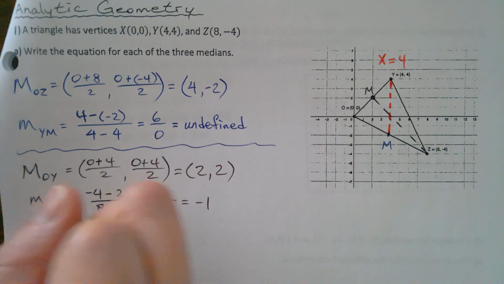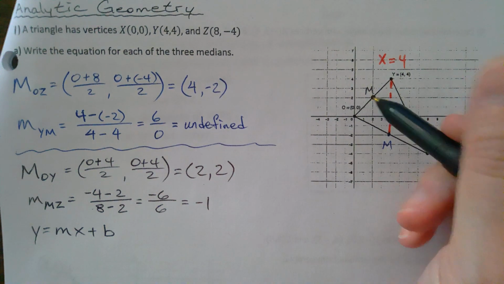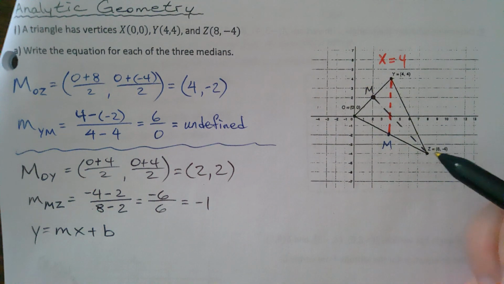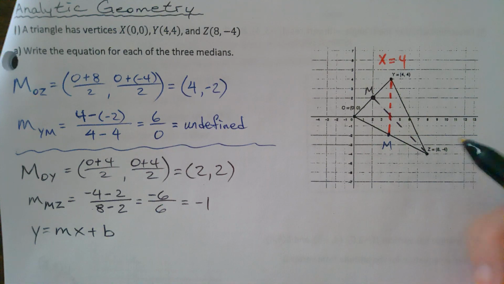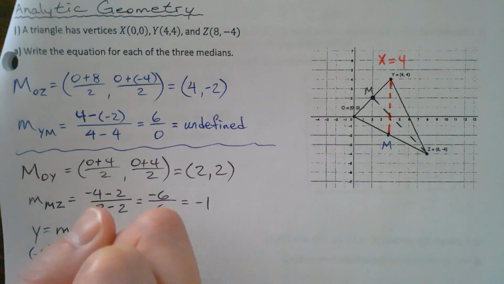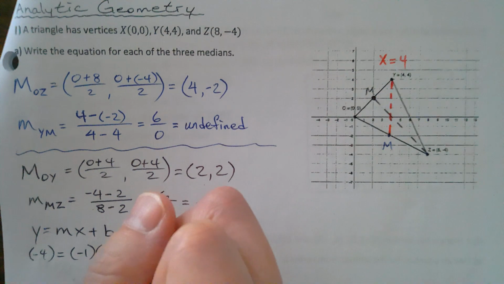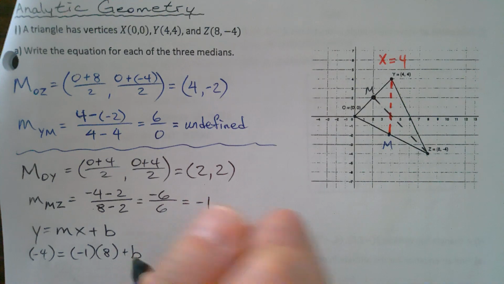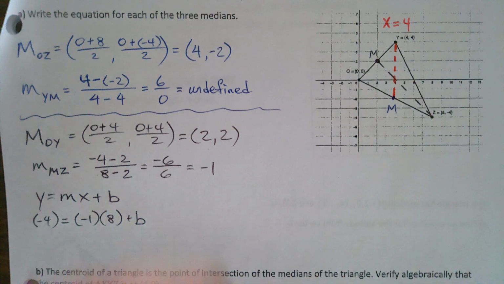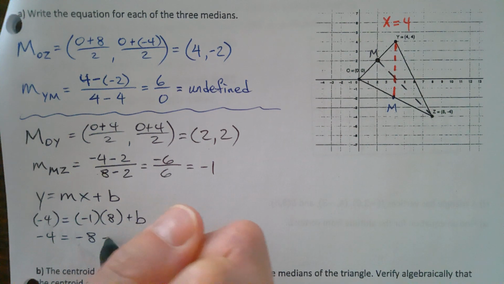So y equals mx plus b. Sub in one of the points. Doesn't matter which one. I'll do Z. So y is -4, the slope we just found was -1, and the x here is 8. When we move things over, I get -4 equals -8 plus b.